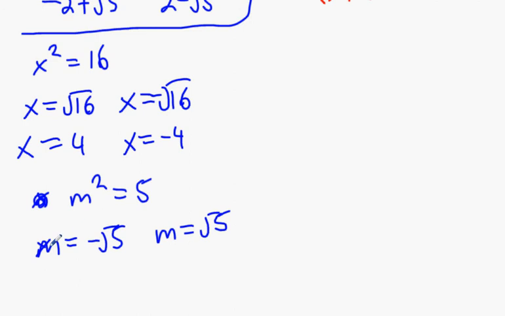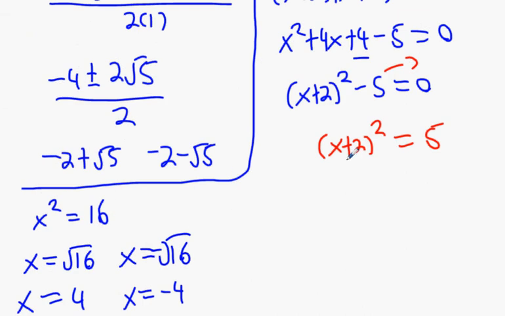Okay, so any number squared, when it equals another number, we can square root both sides and just do a plus answer and a minus answer. This here is a number squared. It should follow the same logic, shouldn't it? What happens when you square root this side? It turns into x plus 2. When you square root the other side, root 5.